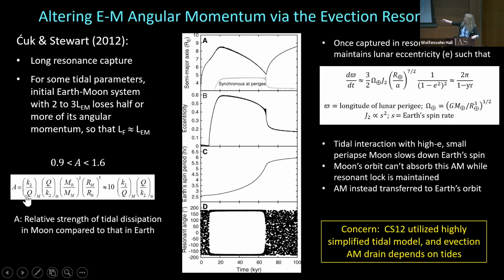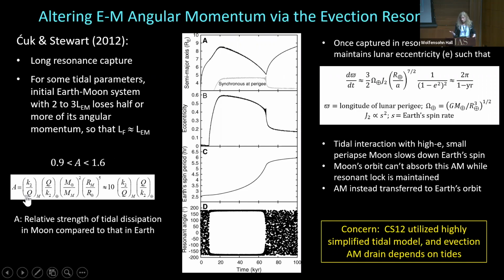And the moon then enters a prolonged period where its orbit is contracting at high eccentricity. And it's during this period of time that the Earth's spin is slowed from just under 3 to 6 hours. Incredible angular momentum transfer. And during this time, they found that the object stayed in formal evection resonance the whole time.